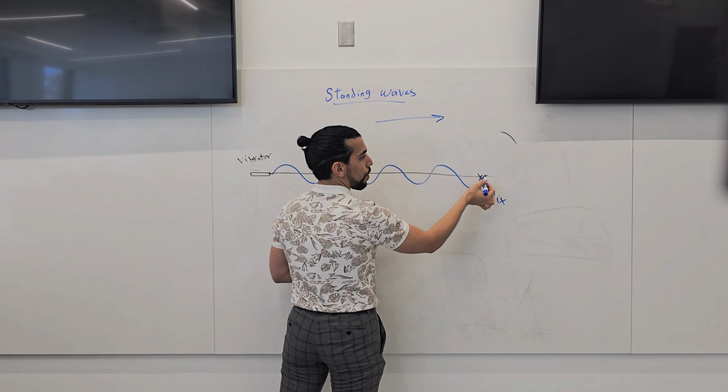And here we have a resonance. If we have two antinodes, that means we are in the second mode. So basically this is going to be something like this.